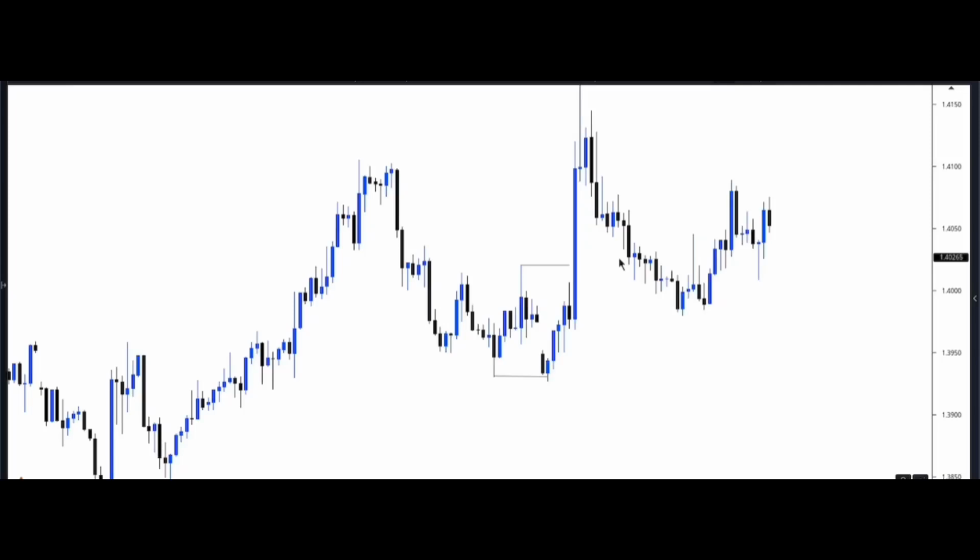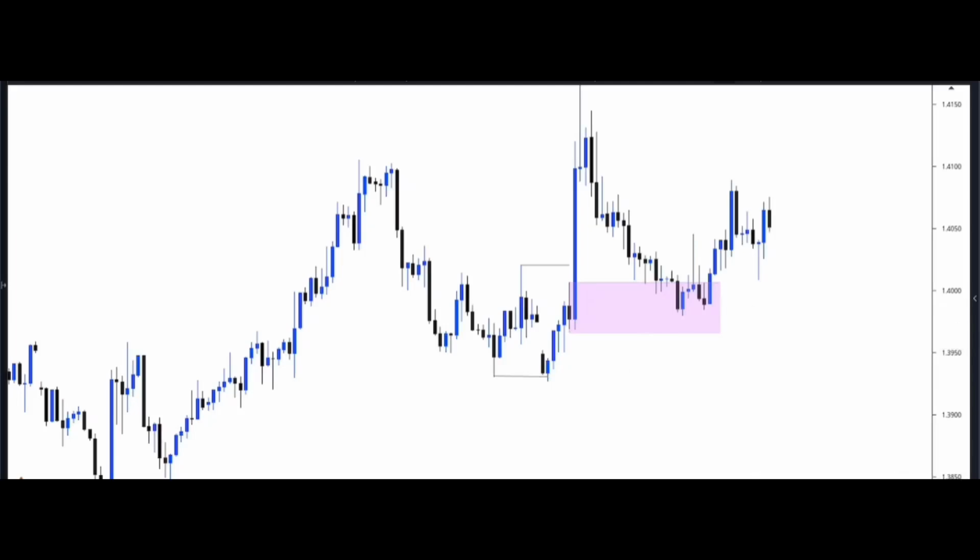Your OB comes as a last resort, not as a first point of interest. Okay? So now, where is your area of interest here? That's your order flow. You don't need to wait for any inducement because liquidity has already been taken here. So this is your 4H order flow.